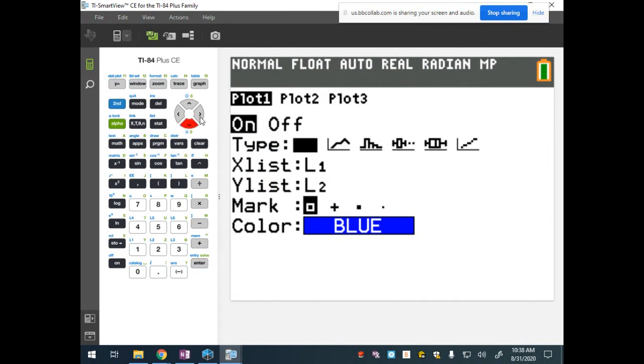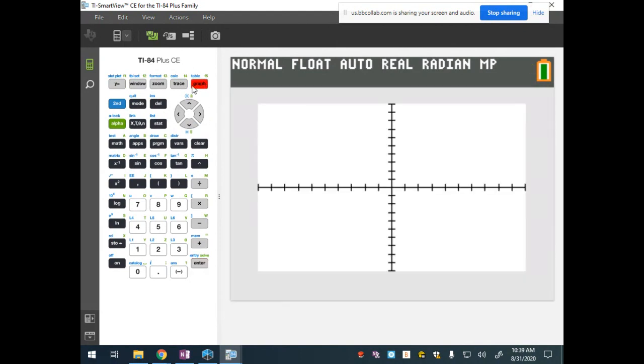And I'm going to pick the type. Now, these are scatter plots. We're not going to see those until the tail end of the course. The third one is the histogram. We've done that. Now, the fourth and fifth one are box plots. This one with outliers, this one without the outliers. If we choose to do this one, now, when we hit graph, we don't see anything.